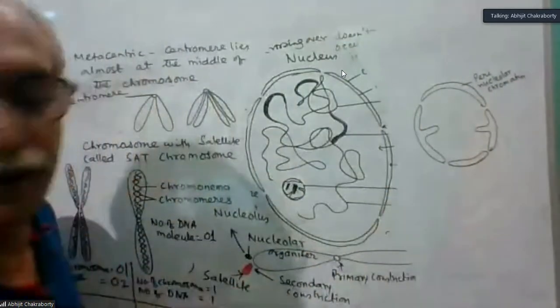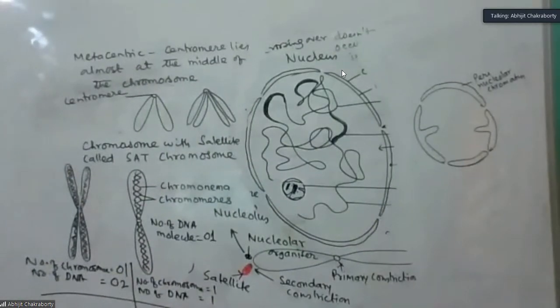This is the perinuclear chromatin. The other is the intranuclear chromatin.